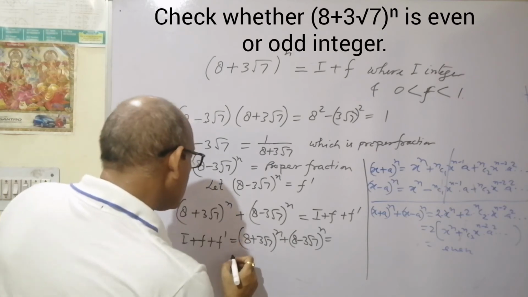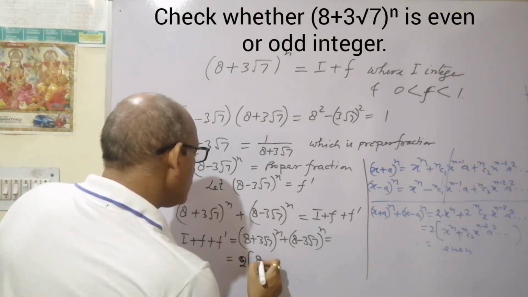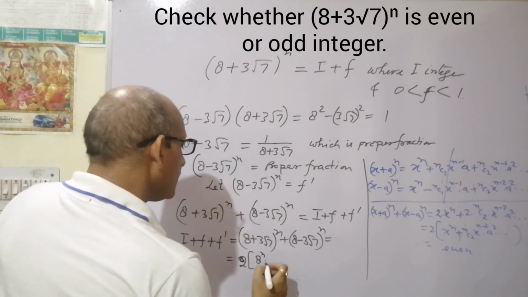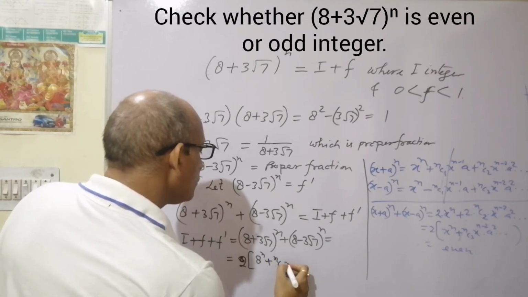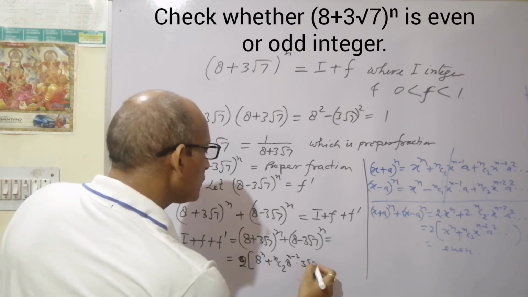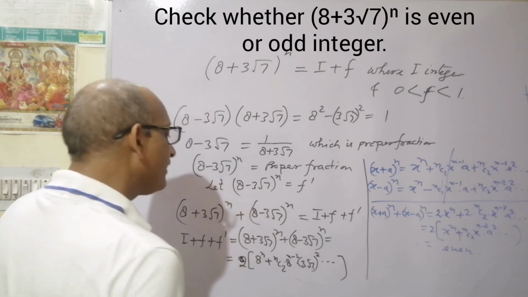So this can be written as 2 times (8 to the power n plus nC2 into 8 to the power n minus 2 into (3 under root 7) to the power 2 and so on), which is an even number.